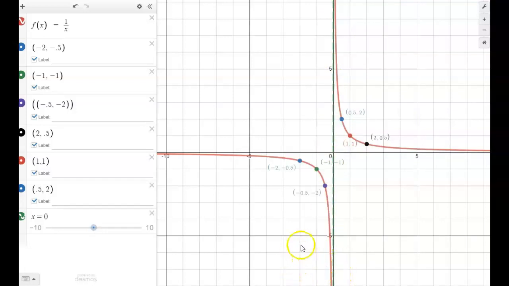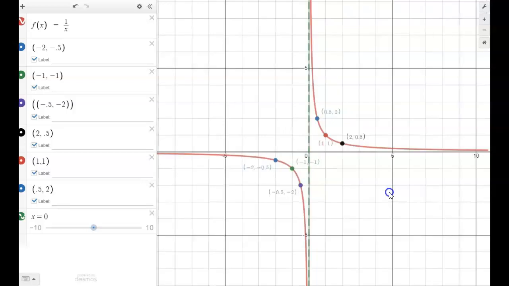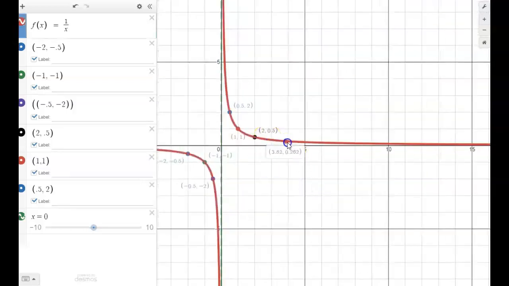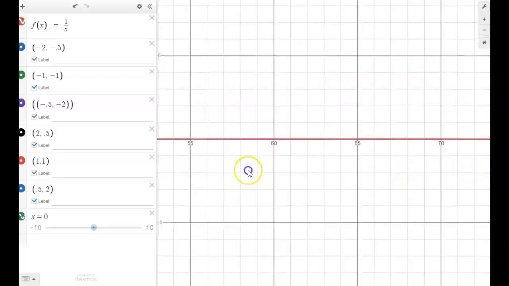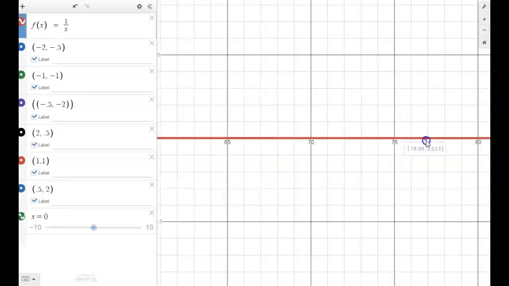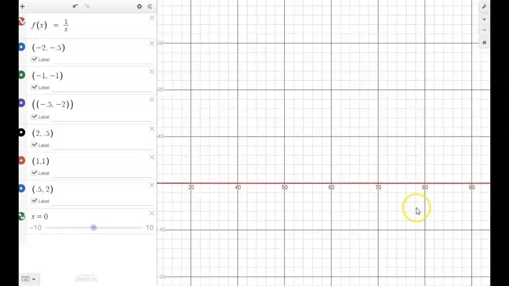Now, another thing happens as we go to the right forever. As you can see, as we go to the right, I can let x get bigger and bigger. Like here, x is 11, and my y value is really close to 0. It's like 0.089. But even if I let x get really, really big, and I slide all the way out here to where x is 76, my y value still isn't 0, and in fact, it will never get there.